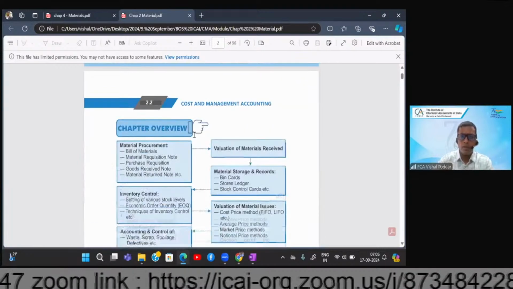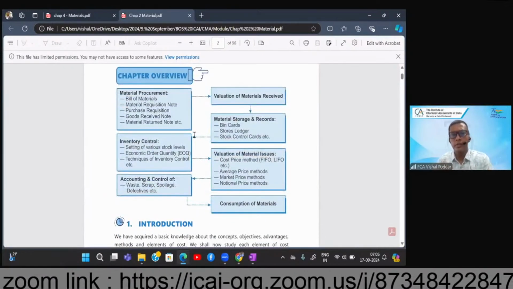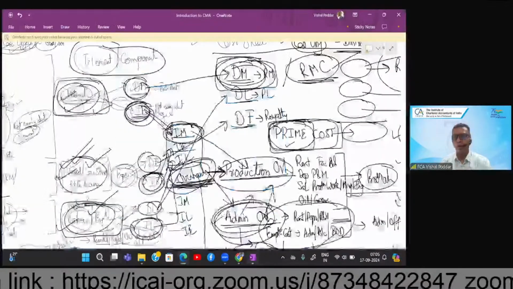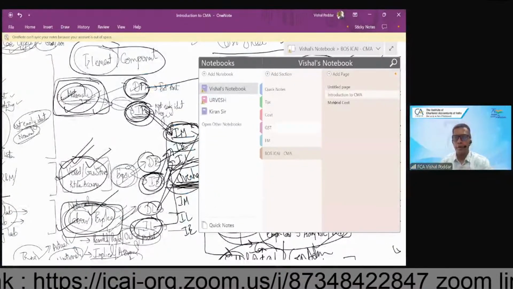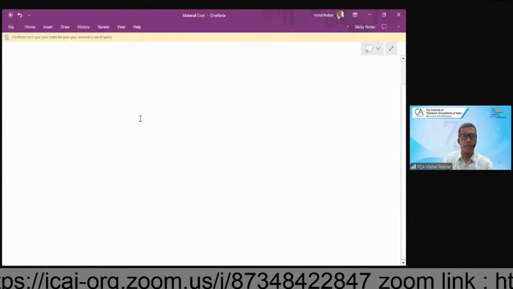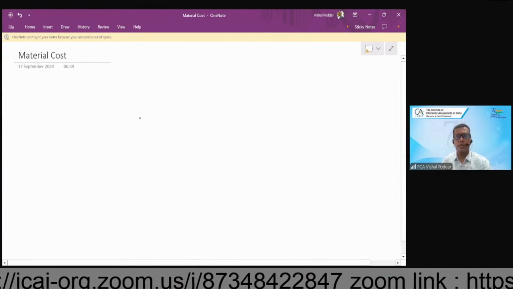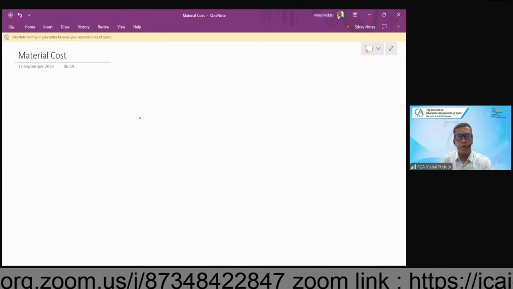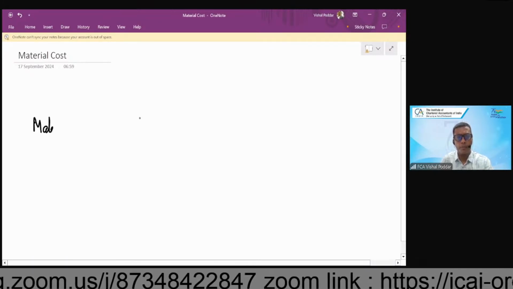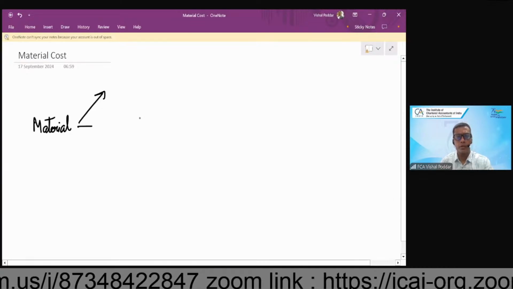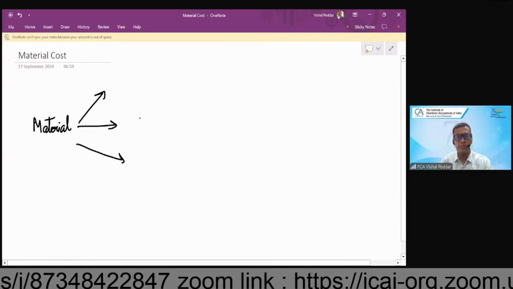Now, in this material chapter, this is the overview of the chapter, but I would take you to my own overview. When we see the materials chapter, or rather any element of cost that we are going to study, whether it is employee or the expenses, that is overheads, you will find that every chapter broadly covers three aspects.